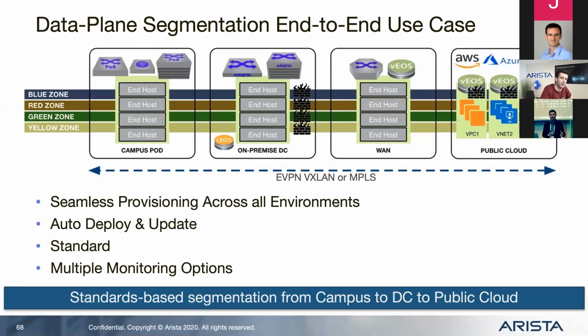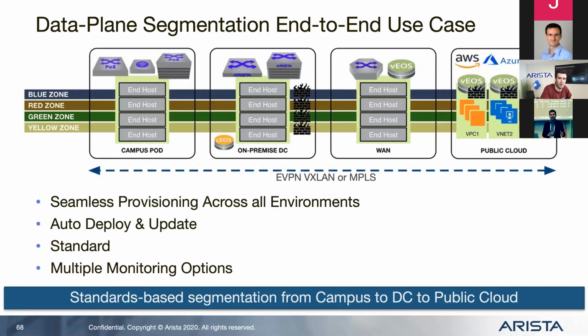So you could have the same separation of different environments through every network within your environment. And by leveraging the likes of CloudVision Portal, we provide seamless provisioning across all of these environments, auto deployment and update, of course on a standardized configuration across the board, with multiple monitoring options as well.